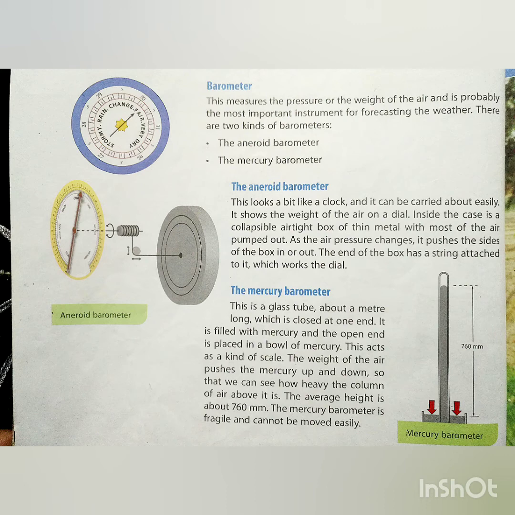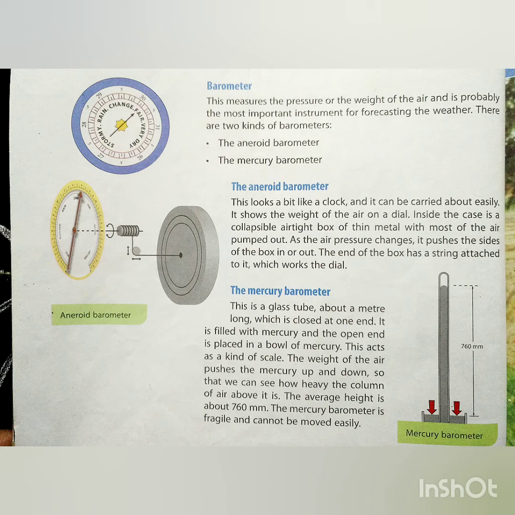Now if we talk about the other type of barometer, that is the mercury barometer, its height is about 1 meter, that is 760 millimeters. It is open at one side and closed at the other side. The closed side is on the top and the open side is downwards in a bowl of mercury.